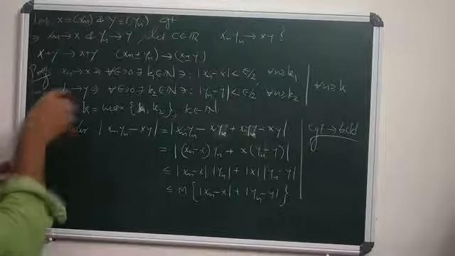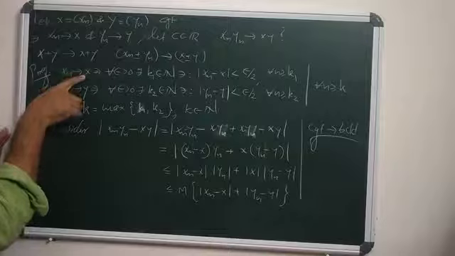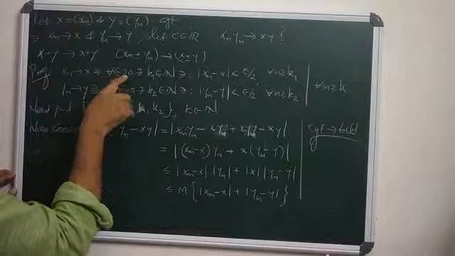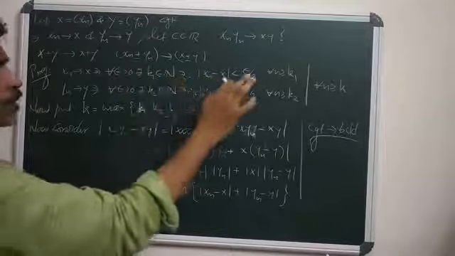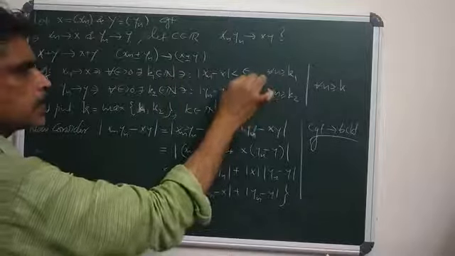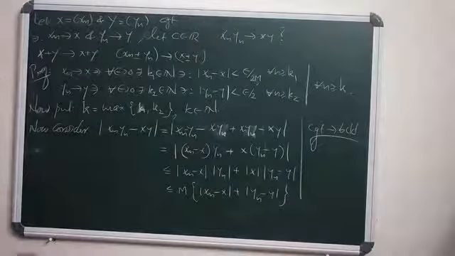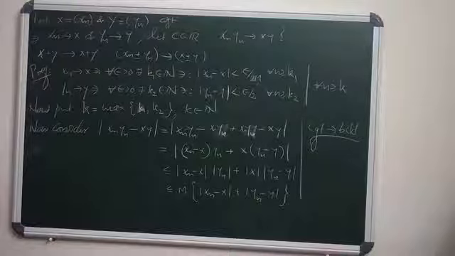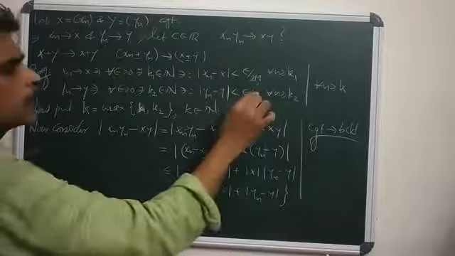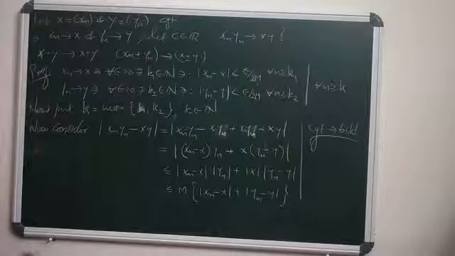Now, since xn converges to x, for all epsilon positive, there exists k1 in n such that modulus of xn minus x is less than epsilon by 2m. Why? Because epsilon is arbitrary, we can choose epsilon by 2m, as epsilon is a sufficiently small positive quantity. Here again you can choose this.